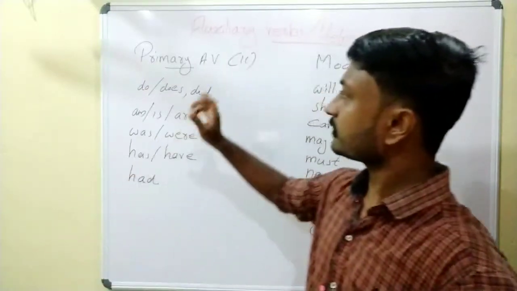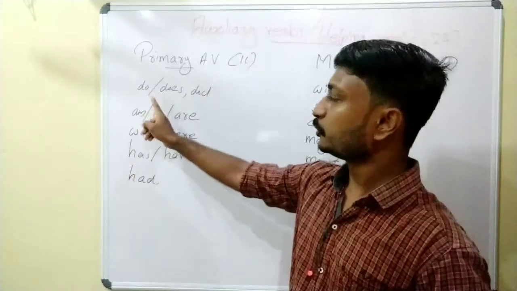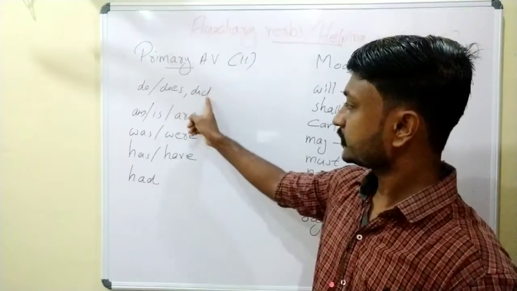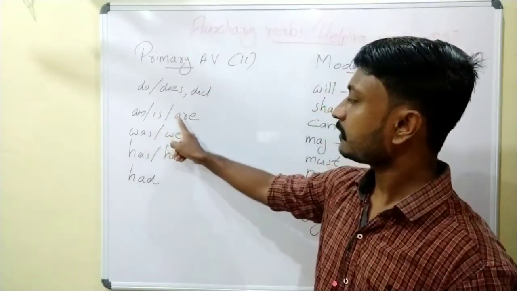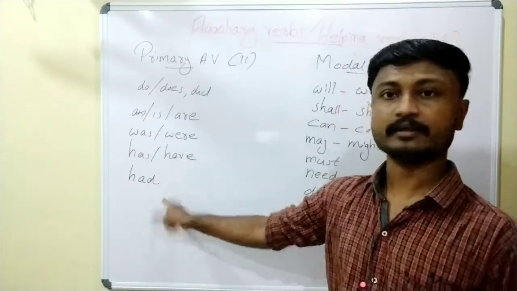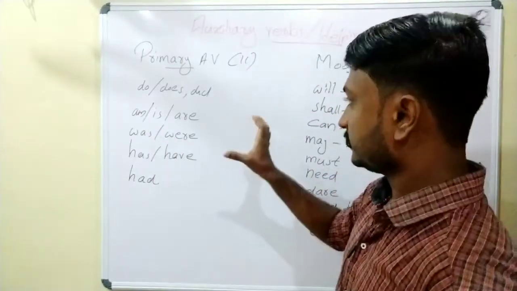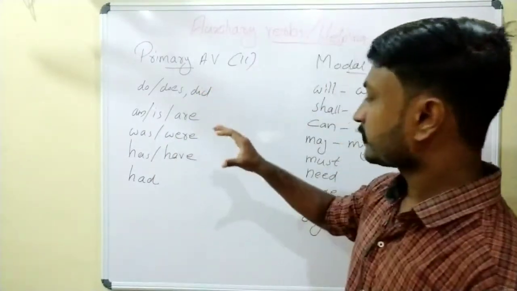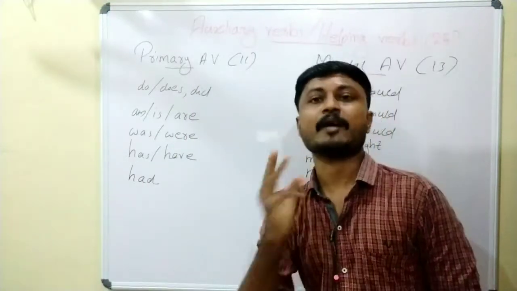The primary auxiliary verbs are do, does, did, am, is, are, was, were, has, have and had. We can include all these primary auxiliary verbs in 3 families.